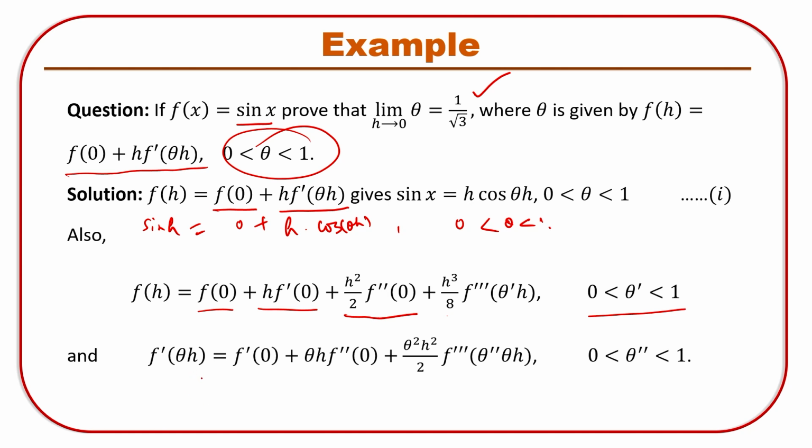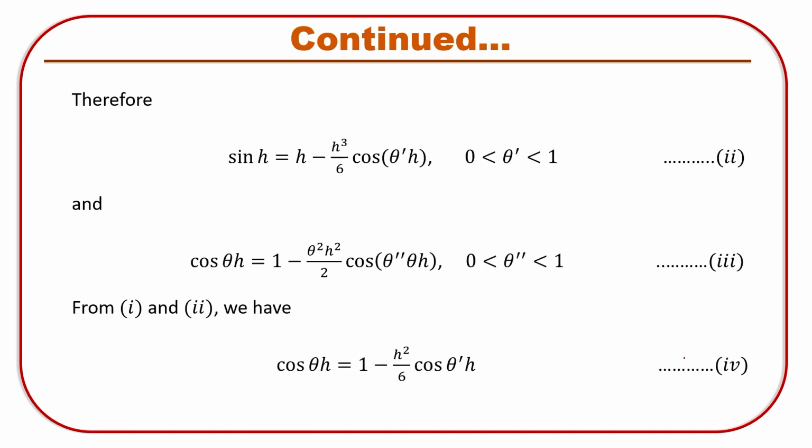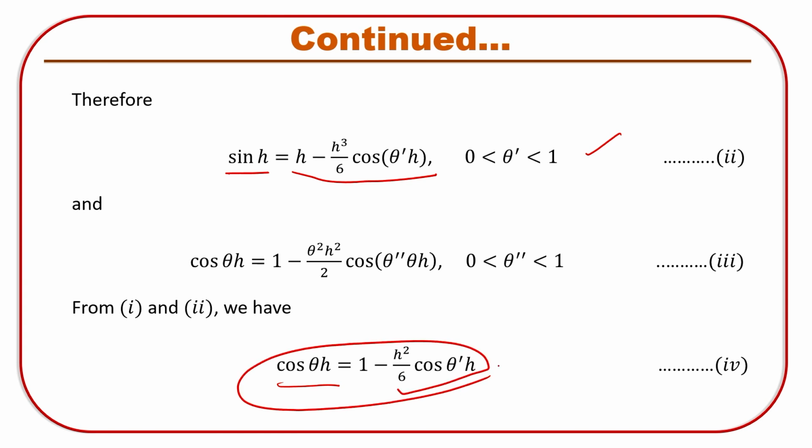So, f double dash of (theta h) can be written as f dash of 0 plus theta into h f double dash of 0 plus theta square h square by 2 factorial f triple dash of this, and using all those you will get sin h is equal to h minus h cube by 6 into cos theta dash h, and henceforth cos theta h equal to 1 minus theta square h square by 2 cos theta double dash of (theta h). So, from these 1 and 2 we will get cos theta h is equal to 1 minus h square by 2 cos theta dash h, and theta dash lies between 0 and 1.